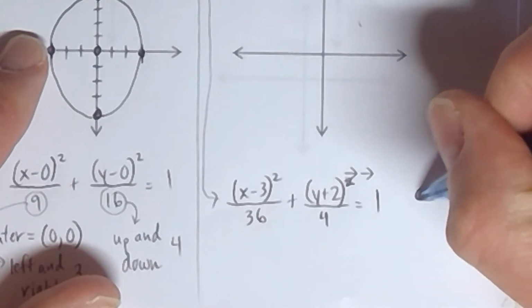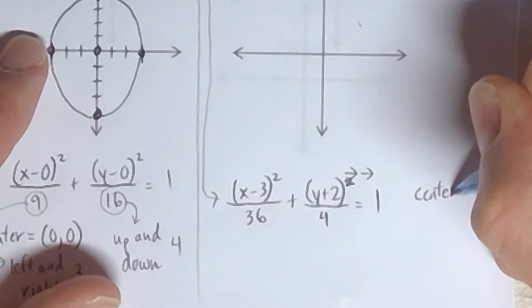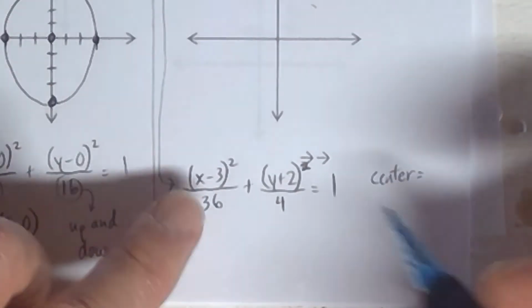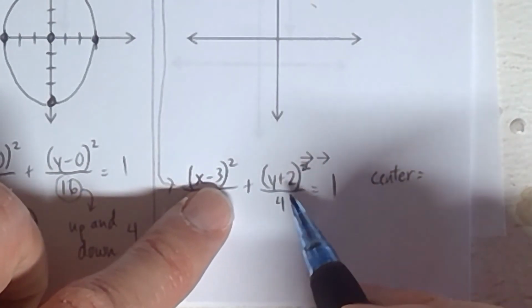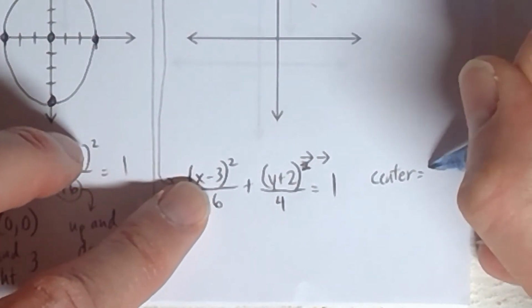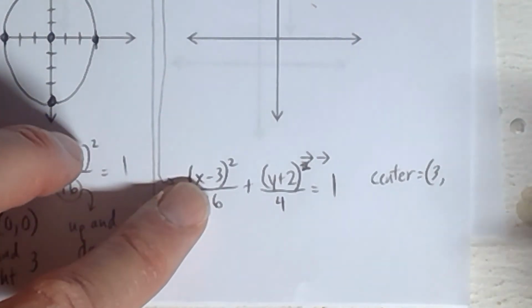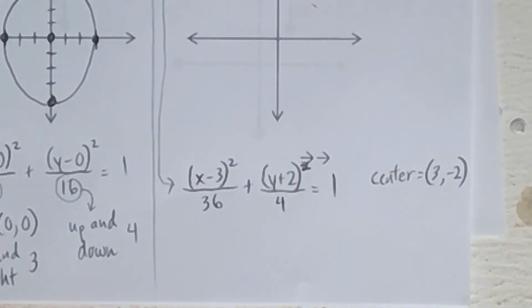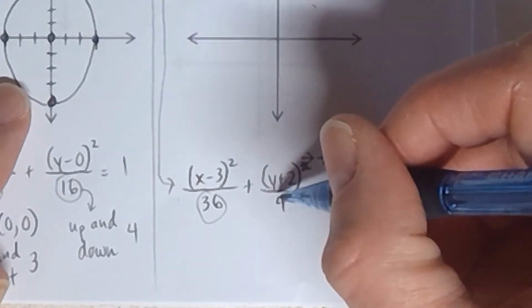Okay, what is the center? Again, the center is figured out by taking the H and the K and changing the signs. In other words, taking the numbers that are with the X and the Y and changing their signs. So this is going to be positive 3 for X and negative 2 for Y. Okay, and then what does the 36 and the 4 tell me?